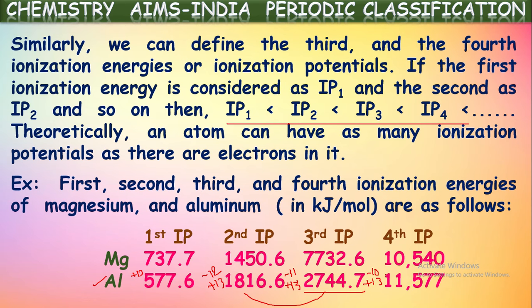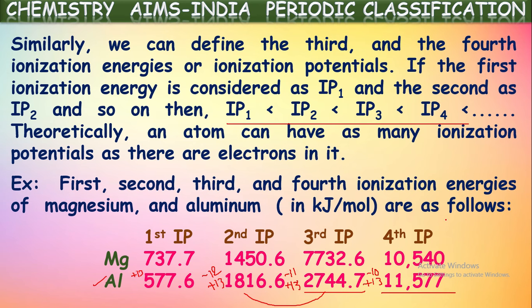So the removal of the fourth electron becomes much more difficult, and hence it requires more and more energy. So we say IP4 is much greater. In this way, for any element, IP values gradually increase from IP1 to IP2, IP2 to IP3 and so on, because nuclear charge increases as we remove electrons from them.